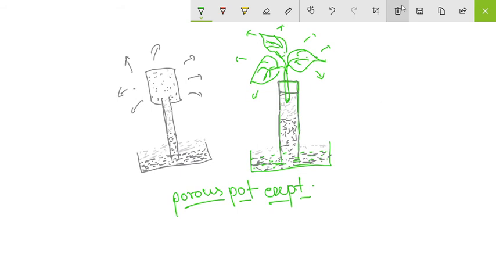This theory also has a few objections. Objections to this transpiration pull theory.